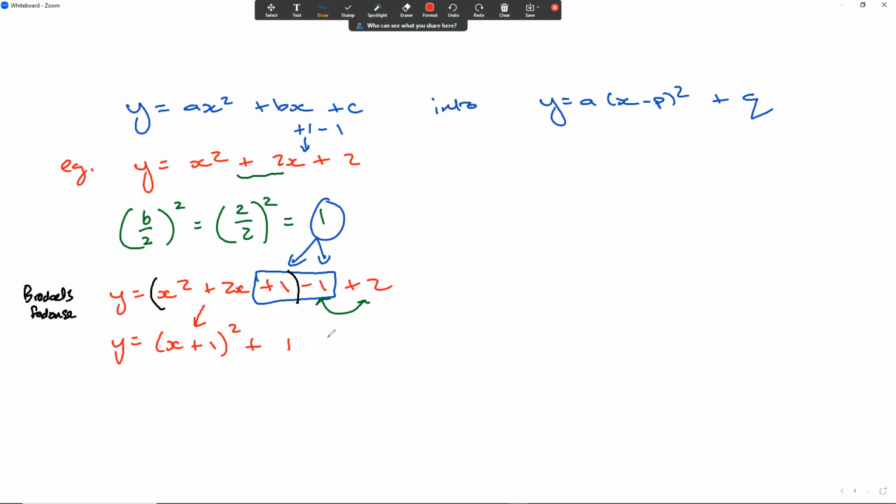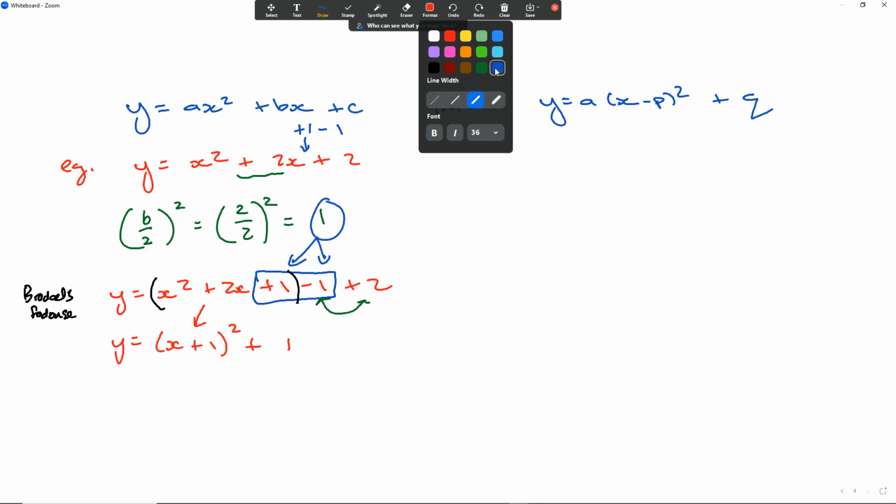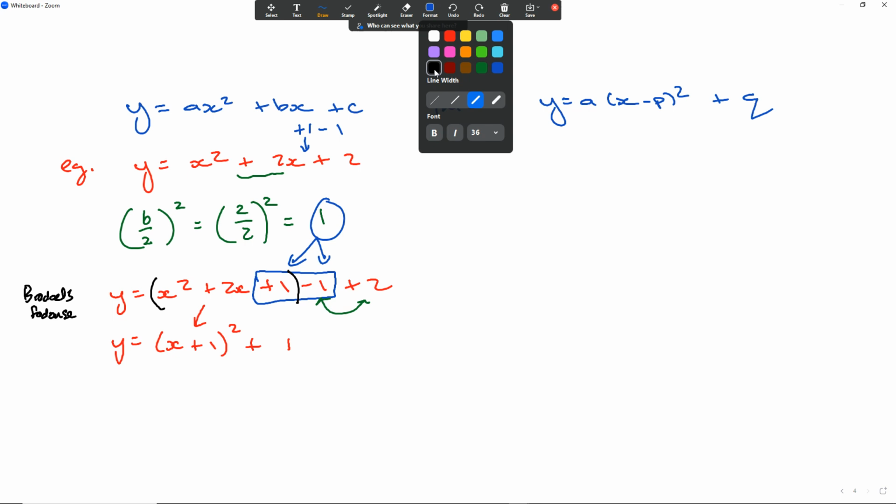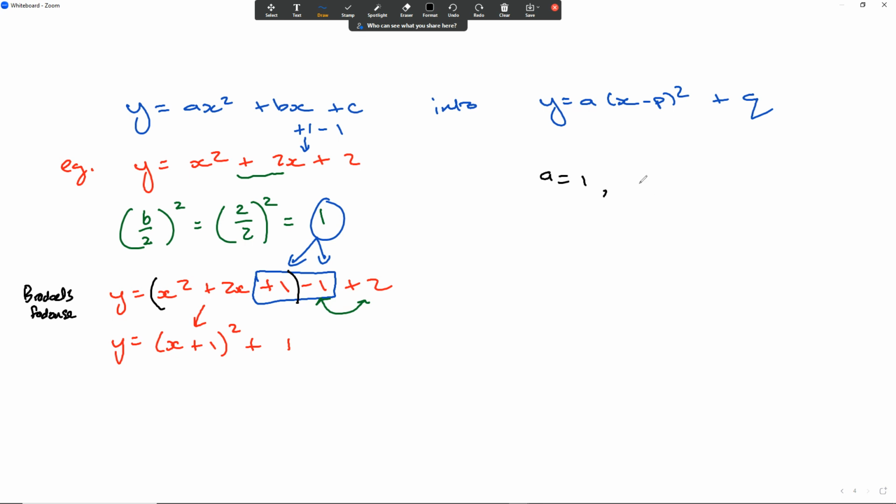What you can see is it is now in the form that we wanted: y equals a(x minus p) squared plus q. I extract my a, which is equal to 1, my p value is negative 1, and my q value is 1.